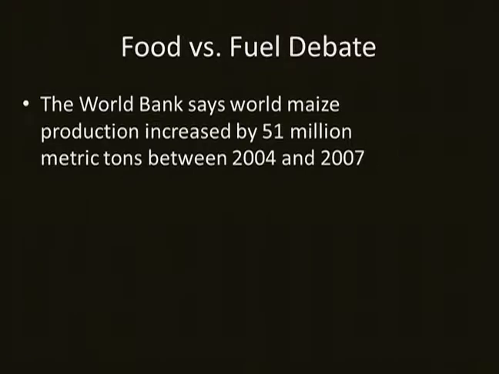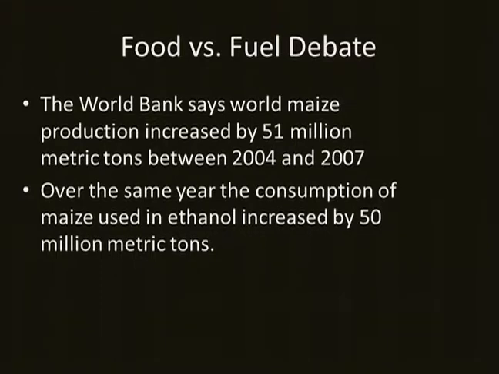When we consider some work coming out of the World Bank, they argue that world maize production, maize is another name for corn, increased by 51 million metric tons between 2004 and 2007. Over the same period, we see that consumption of maize used in ethanol increased by 50 million metric tons.